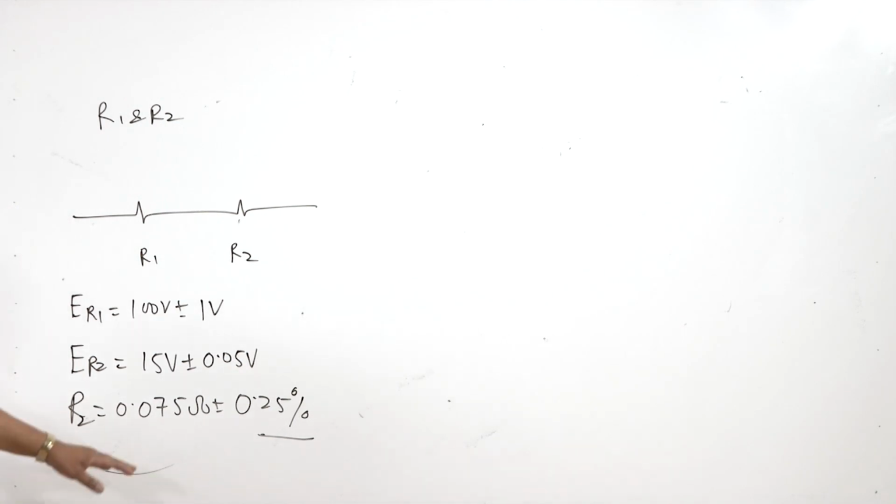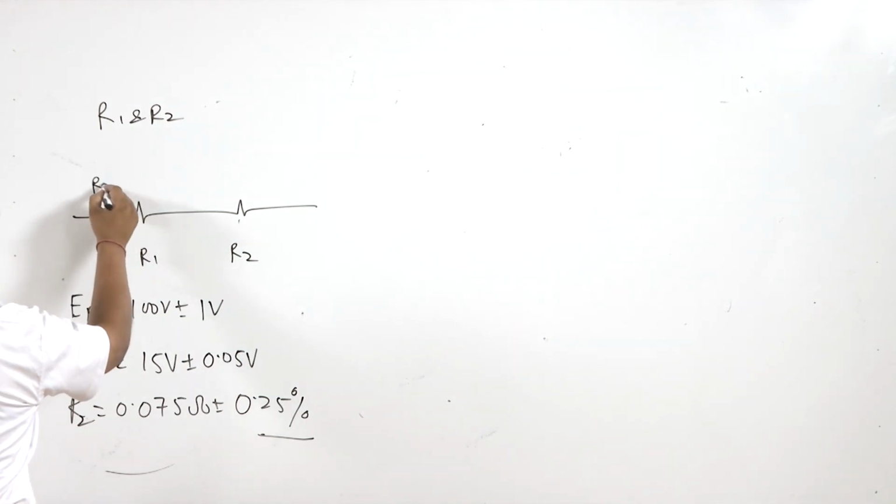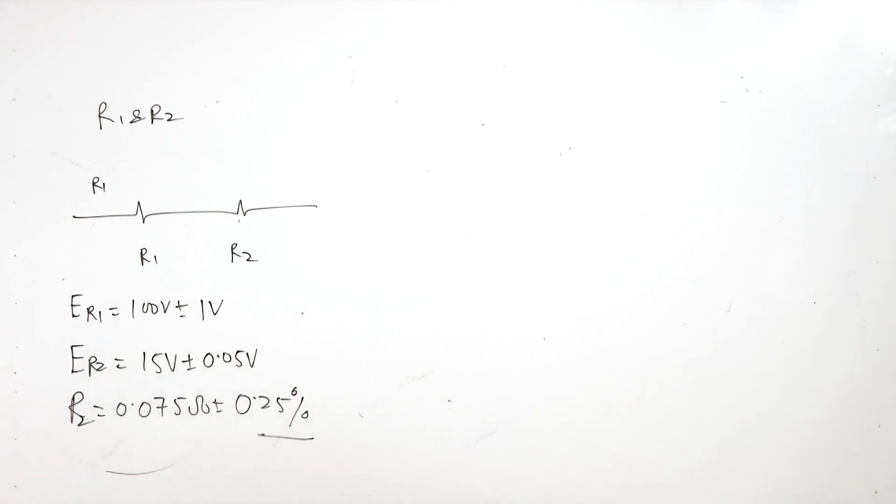This is the percentage of measured value. If it is written like this, it is always measured. So determine the power dissipated in R1, how much power is dissipated in R1, and uncertainty in the determination of the power.